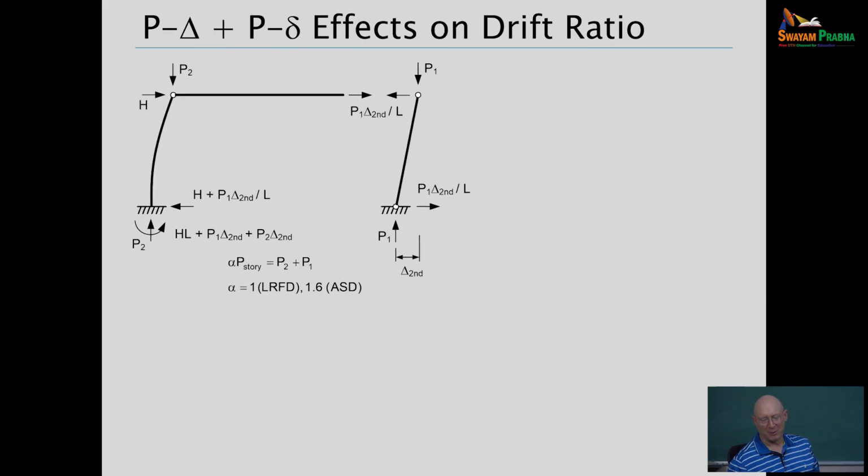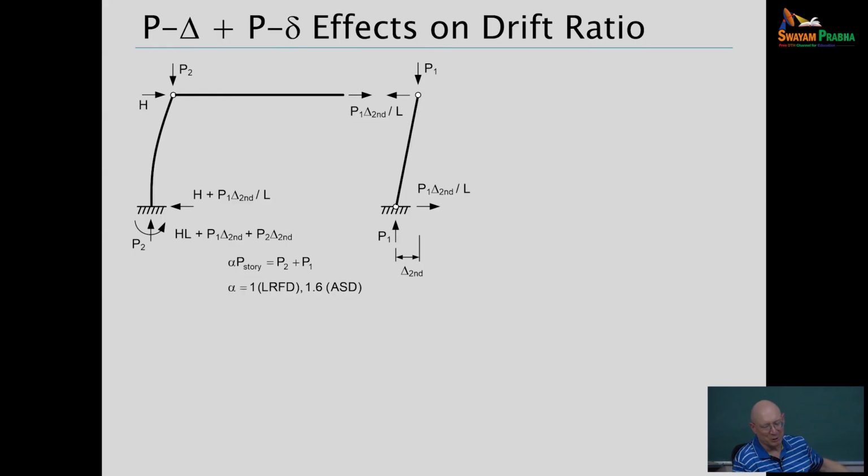All right, so now we are complicating things by saying we also have gravity load on the lateral load resisting system. We're calling that P2 here. So clearly, in this problem, we've got the same effect coming from the leaning column, but now we also have a P2 directly on the lateral load resisting system, the cantilever, that gives us a P2 times delta second as well at the base of the cantilever.